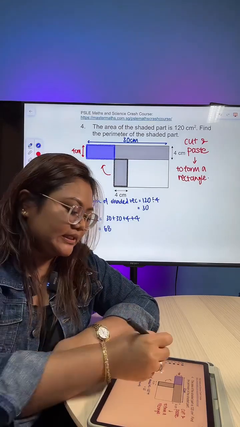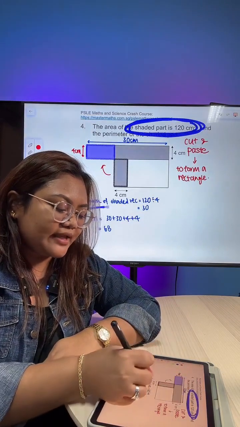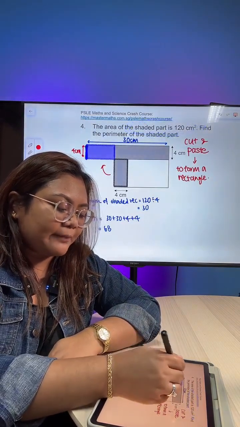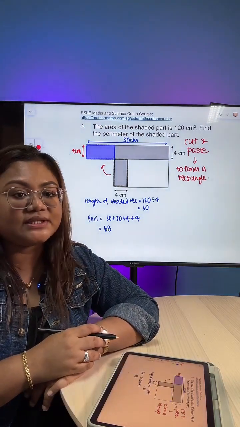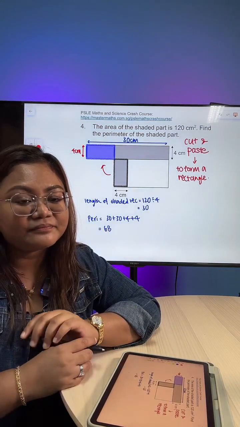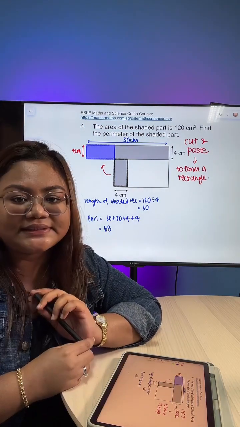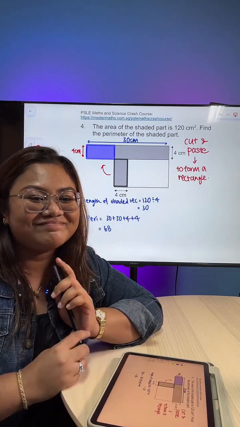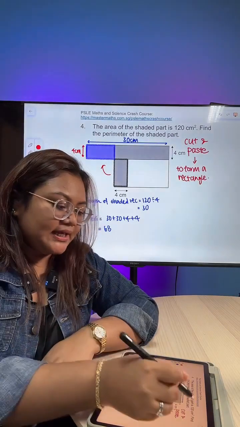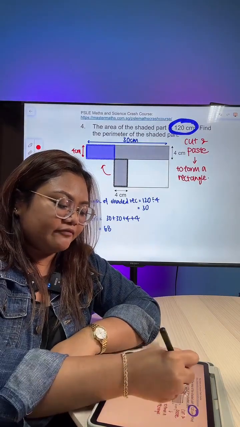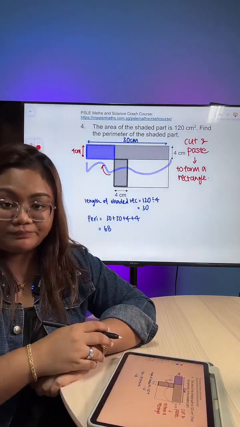Okay? How did I find 30? The question says the area of the shaded part is 120. So the length must be area divided by breadth to give us length. 120 divided by 4 cm to give us 30. Got it? Okay, 68 cm, 68. All right. Once again, 120 cm square, I divide by 4 cm to give me the length 30.